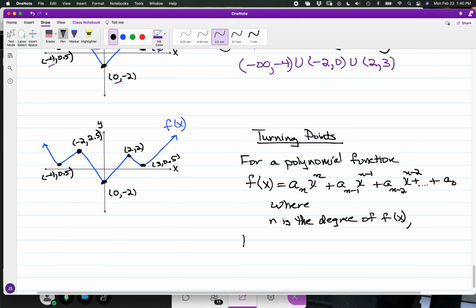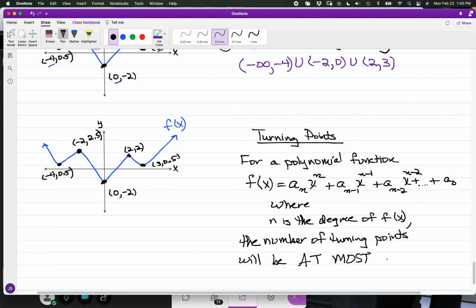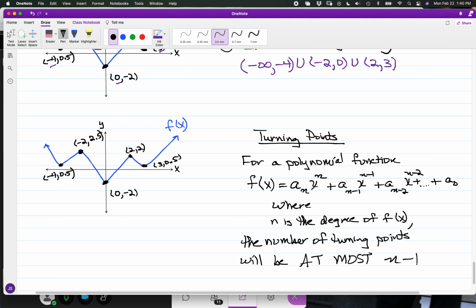The number of turning points will be at most n minus 1.